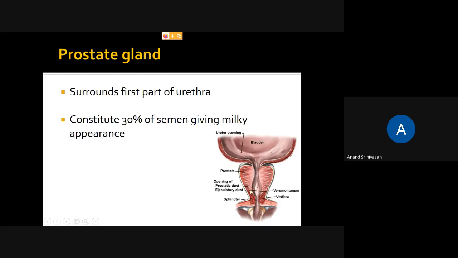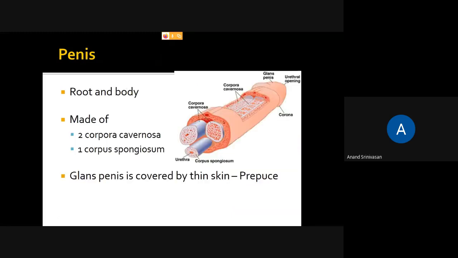While studying the female genital tract, I will tell you where the fertilization takes place. So the sperm gets its nourishment through the semen, which comes from the prostatic secretions as well as from the seminal vesicle. Any doubts?